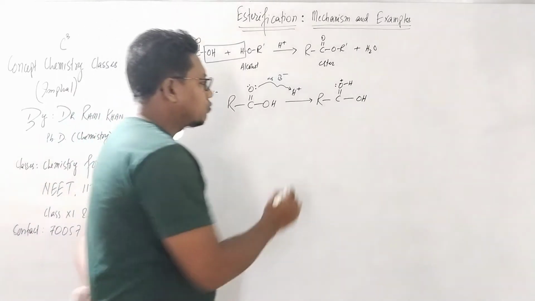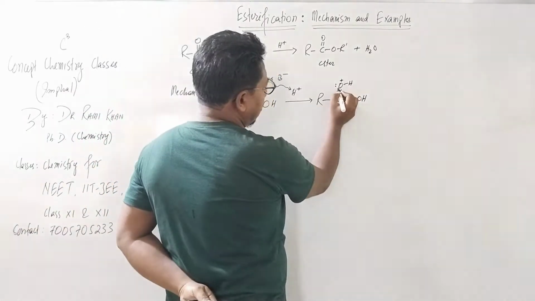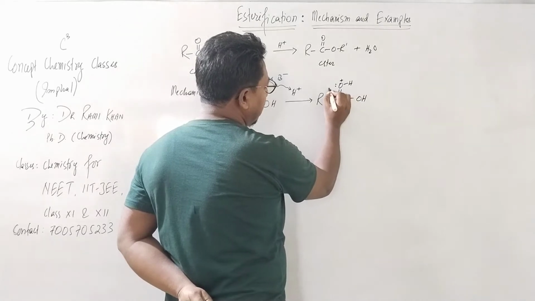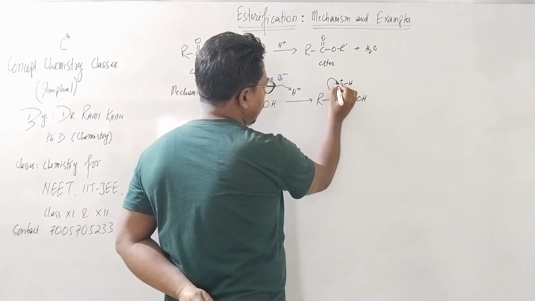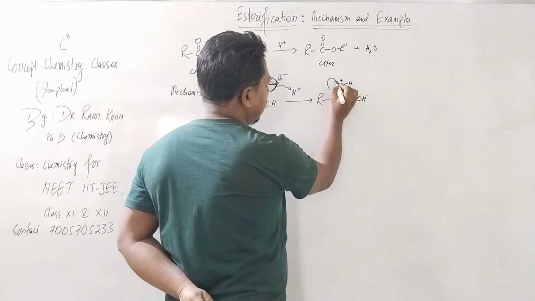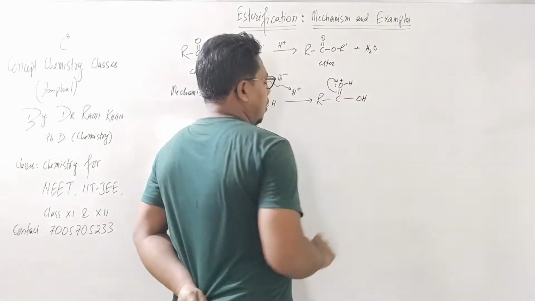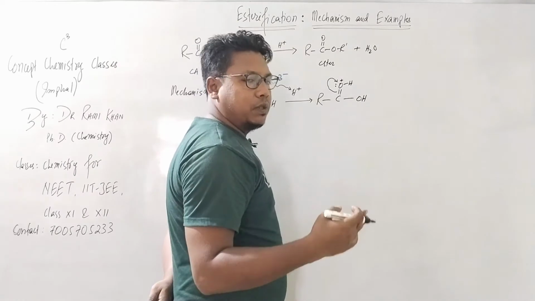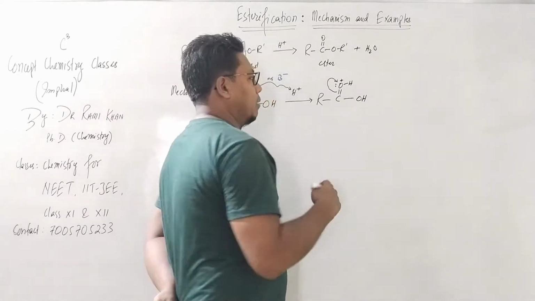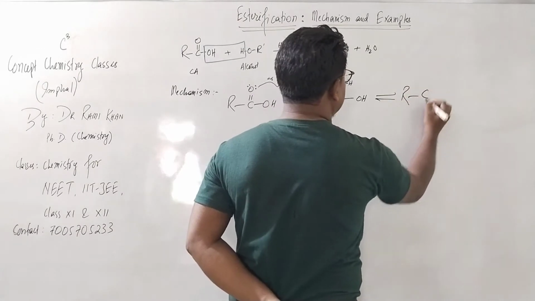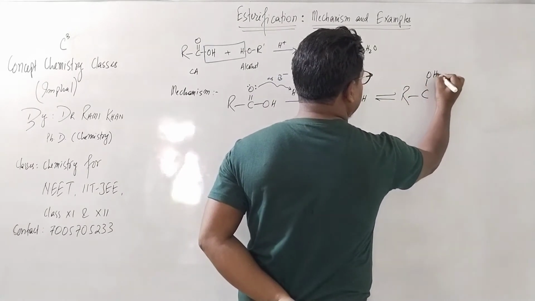From this, a pi bond will be broken, and these two electrons will go to oxygen as a lone pair of electrons, because oxygen carrying a positive charge is not stable. So this goes like this: R C OH.